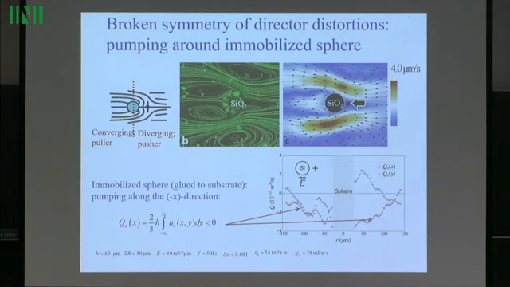You just apply electric field, there is no gradient of pressure, but the fluid is pumped through the system from right to left, and you can even calculate how much fluid would pass through the different cross-sections of this simple electric pump as the function of distance from the sphere. And so the glued particle causes electroosmotic flows in one direction around it.